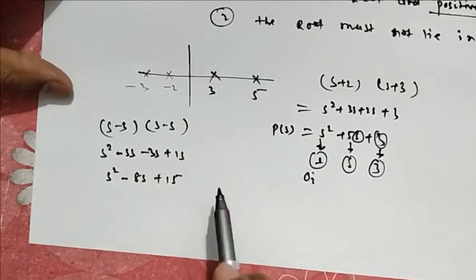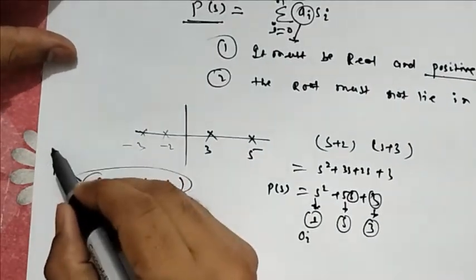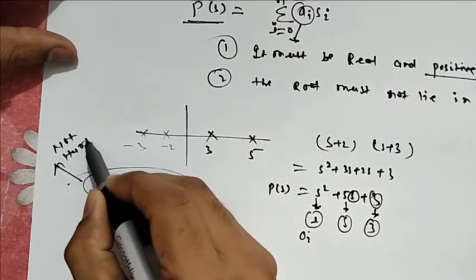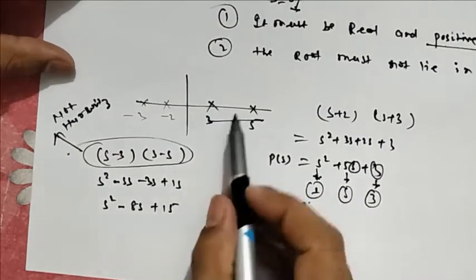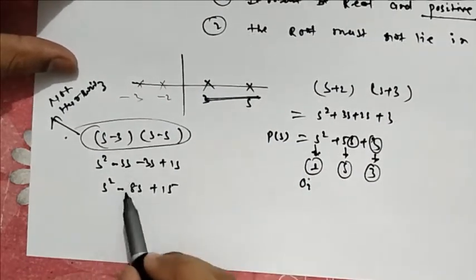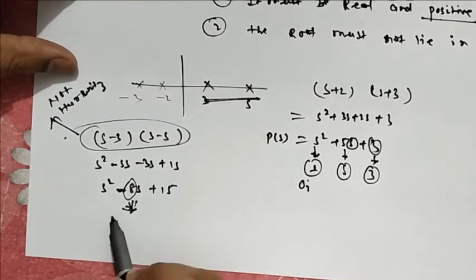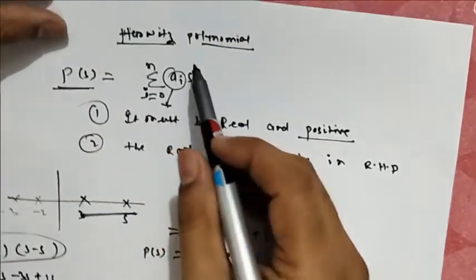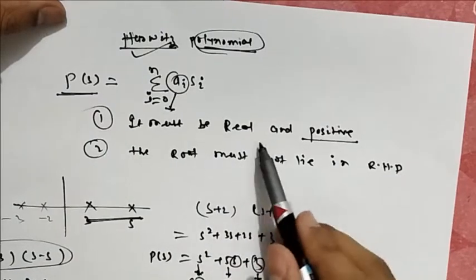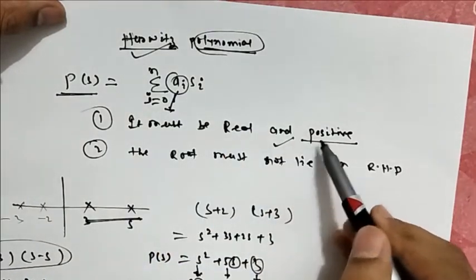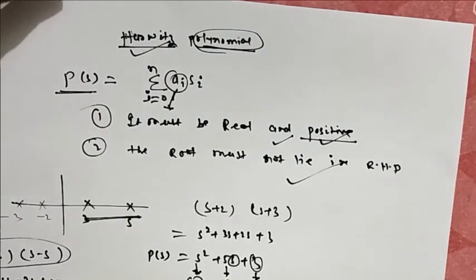Now this will not be a Hurwitz polynomial because the roots are in the right half, and then one of the coefficients is negative. So for the polynomial to be Hurwitz, the a_i must be real and positive, and the roots should not lie in the right half of the plane.